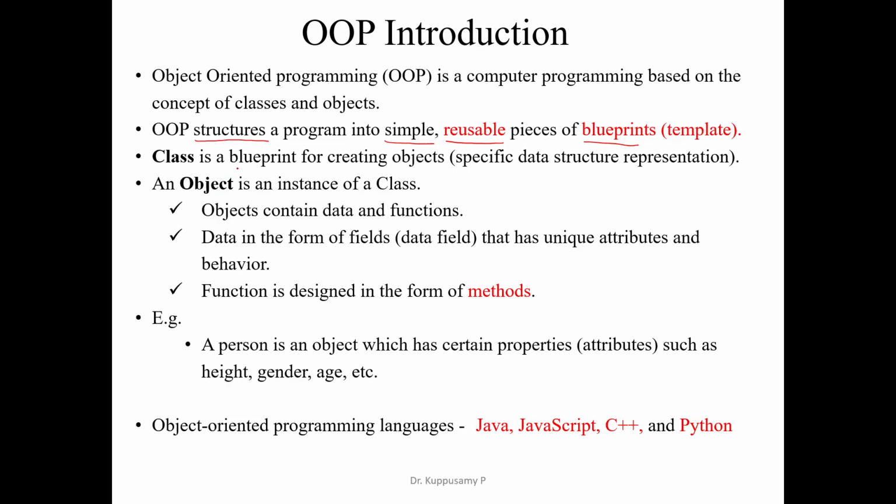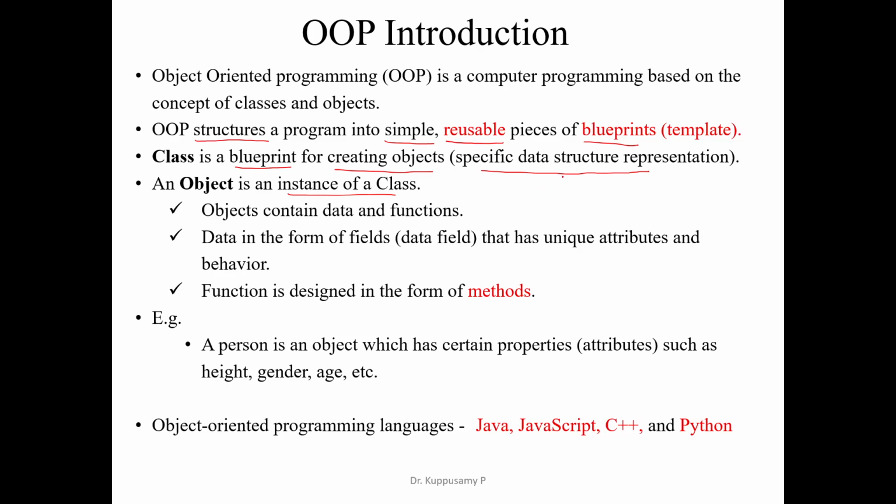Object-oriented programming is used to structure the given program into small pieces of modules. The class is called a blueprint, which is used for creating an object. An object is an instance of a class, a specific data structure representation.